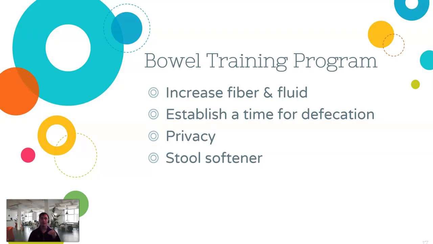And we want to establish times for defecation, bowel training. We want to get them on a schedule. These patients probably need scheduled times so that we can regularly attempt to get that bowel regimen established. And these treatments may include stool softeners if the added dietary fiber does not work by itself.